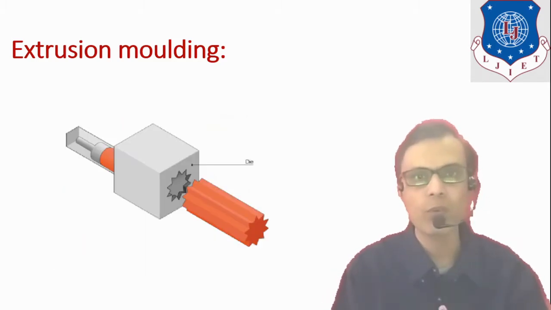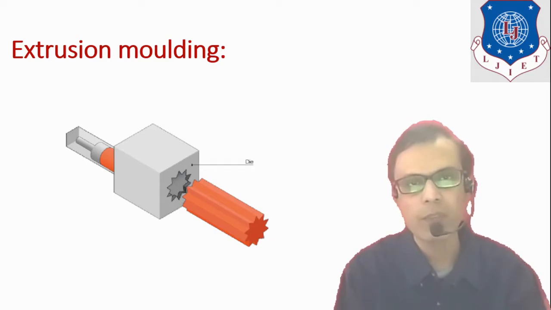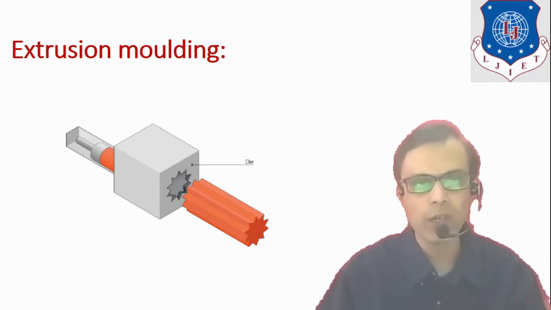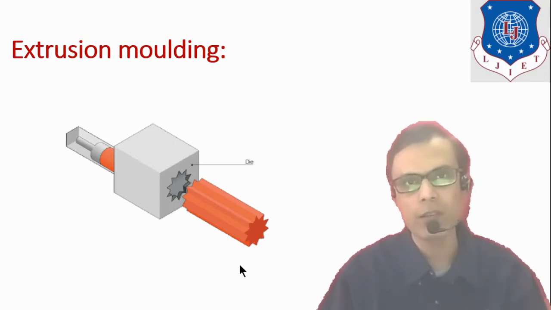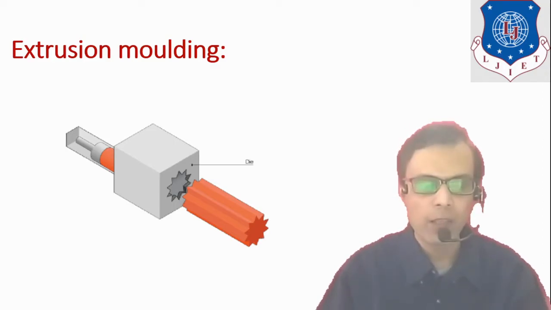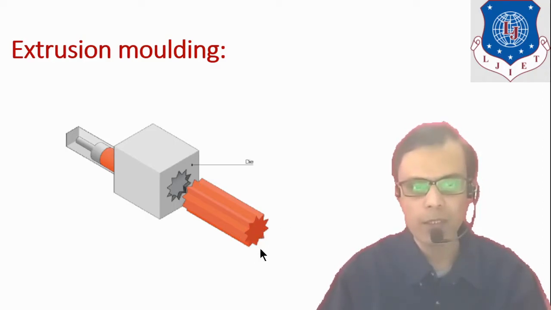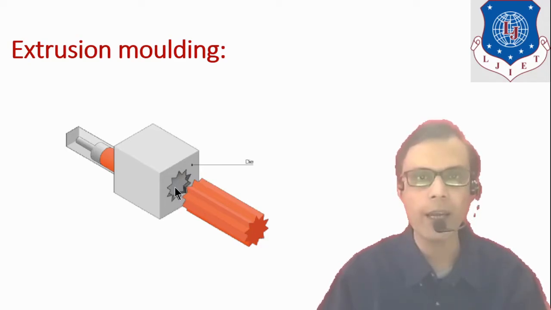If we want to produce some particular shape, then it is required to manufacture a die of that shape. So here you can see it is a product with some specific shape and size. So exactly that shape is given to this die.